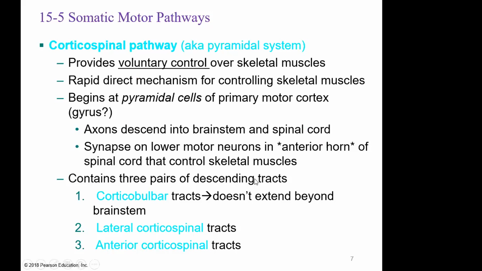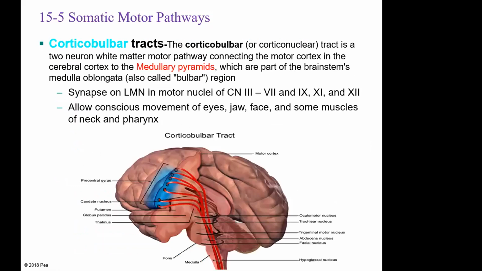We've got 3 pairs of descending tracts. So in this entire corticospinal pathway, we've got number 1, number 2, and number 3. We've got the corticobulbar, we've got the lateral, and we've got the anterior corticospinal tracts. So these 3 things all fall under the pyramidal system. For our corticobulbar tracts, as you can see, look here, we're cortico-cortex, precentral gyrus, primary motor cortex.